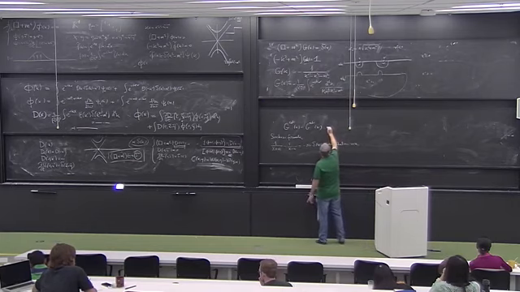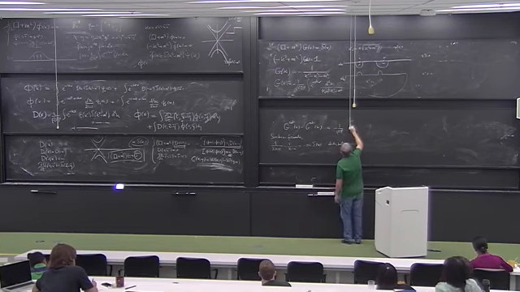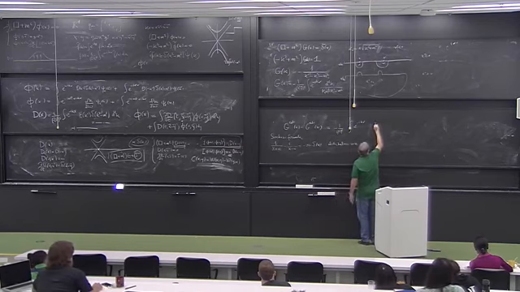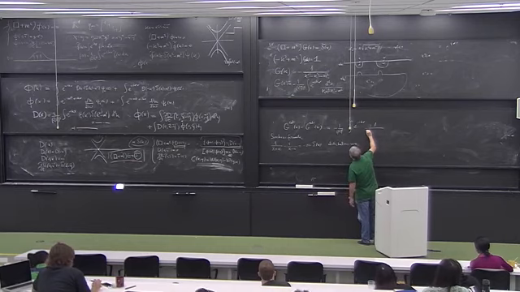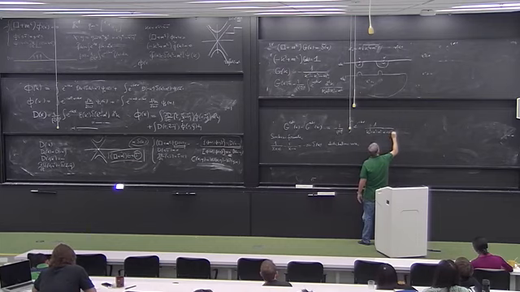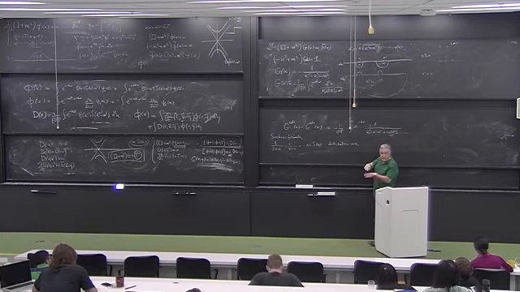So here I have minus 1 over 2 pi to the 4, the integral of e to the minus ikx, times 1 over k0 squared minus k squared minus m squared plus epsilon(k0) i epsilon, minus 1 over k0 squared minus k squared minus m squared minus epsilon(k0) i epsilon. This first epsilon is the sign function.